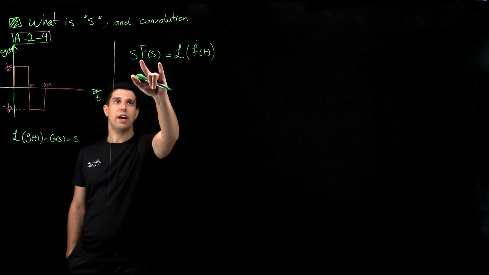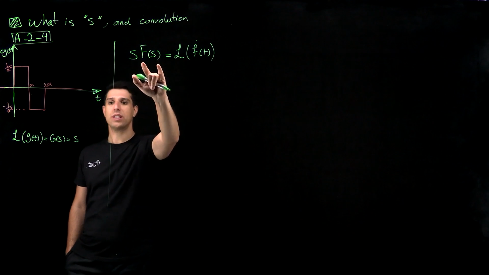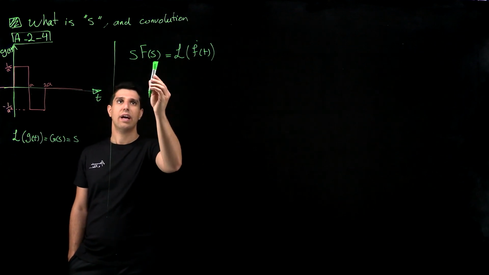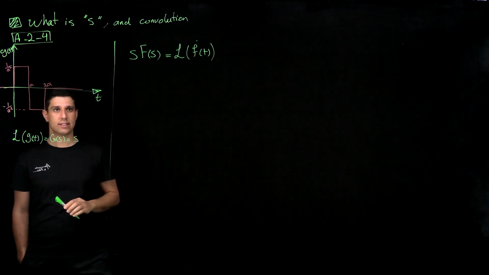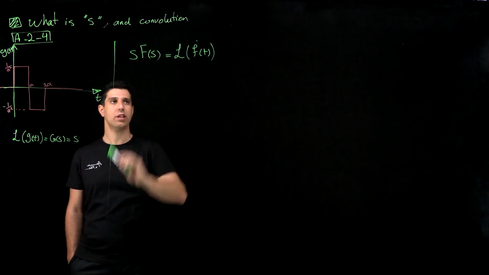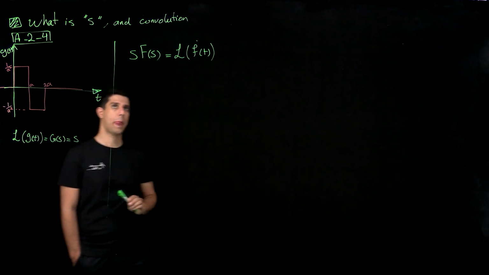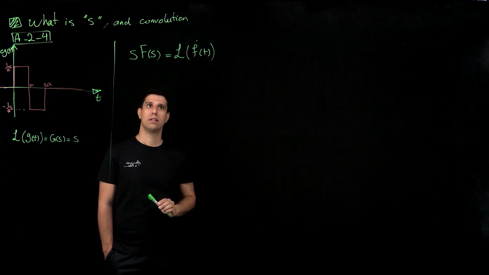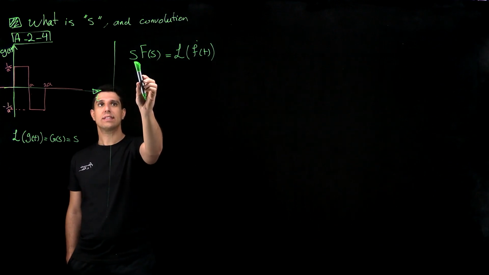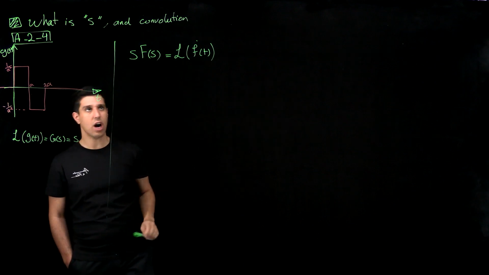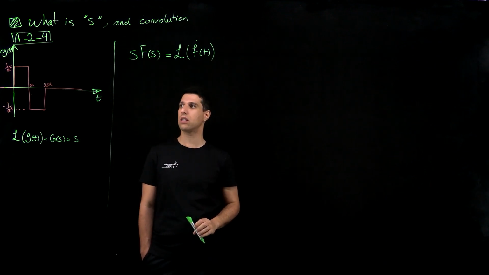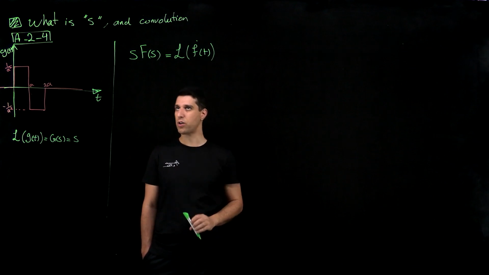It means if we have the Laplace transform of f and we multiply it by s, we are essentially taking the derivative of the function. So s, you can think of it as an operator that can be used to take the derivative of a function.